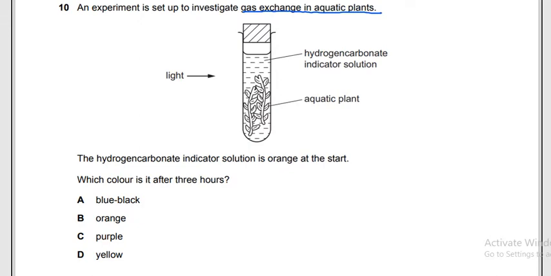The hydrogen carbonate indicator solution is orange. If this plant photosynthesizes, it will release oxygen. So what color will the hydrogen carbonate indicator have as the experiment continues? It will change from orange to purple.